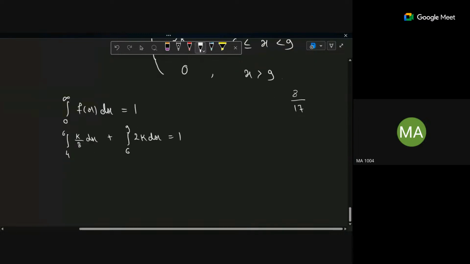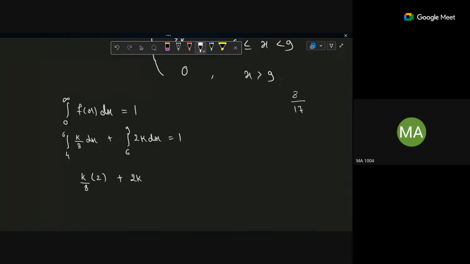Then it will be k by 8 times (6 minus 4, that means 2) plus twice k times (9 minus 6 is 3), which is equal to 1.